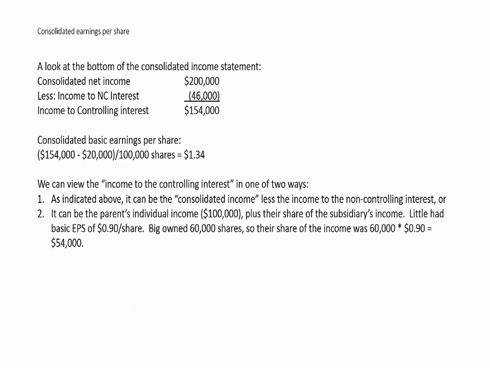They view it instead as essentially the sum of the parent's individual income plus their share of the subsidiary's income. So the parent had individual income of $100,000, plus they had their share, $54,000, of Little's income. Again, Little had basic earnings per share of 90 cents per share. Big owned 60,000 shares, so their share of the income was 60,000 times 0.9, or $54,000.